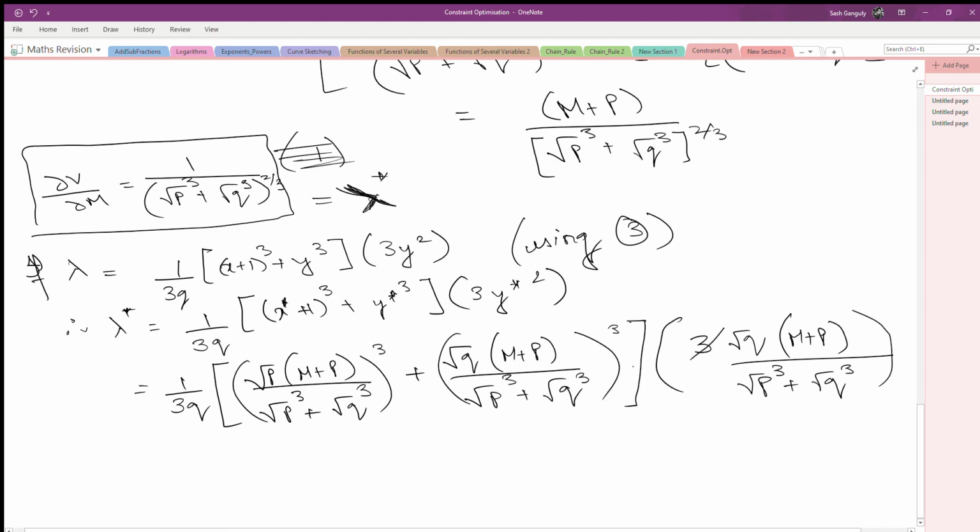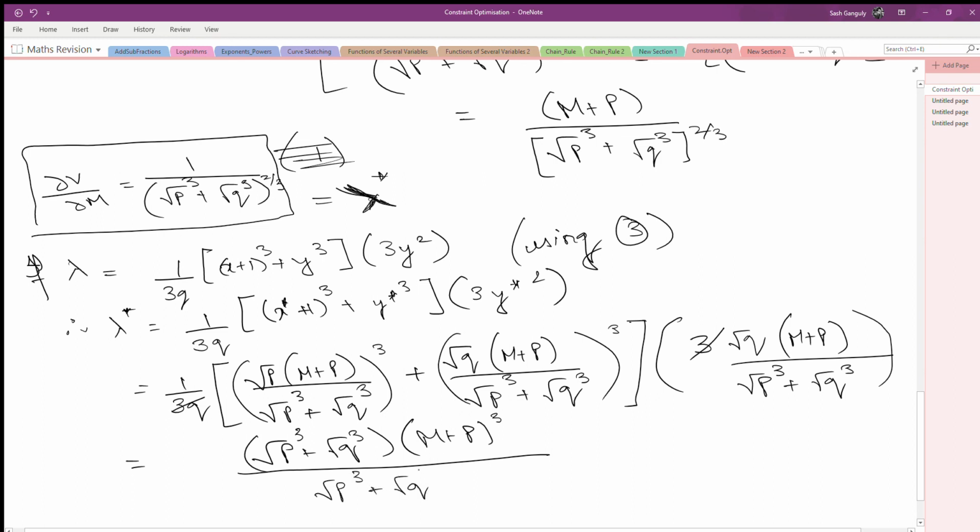Okay, so that 3 and that 3 over there should cancel out. So what will I get? I'll have root p cube plus root q cube, and then I'll have m plus p whole cube, right? And the denominator would be root p cube plus root q cube, and the entire thing to the power 3.